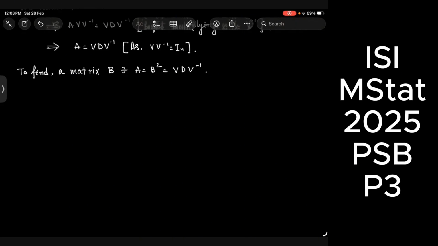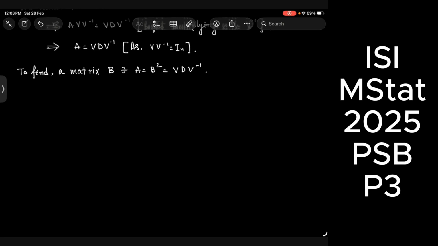If we take the square roots of the eigenvalues, then what will happen? I mean, we can write V D V inverse. D is equal to diagonal lambda 1, lambda 2, lambda n.